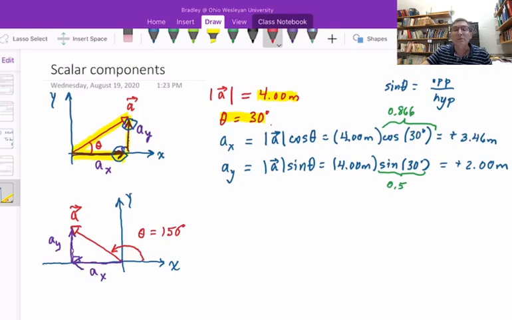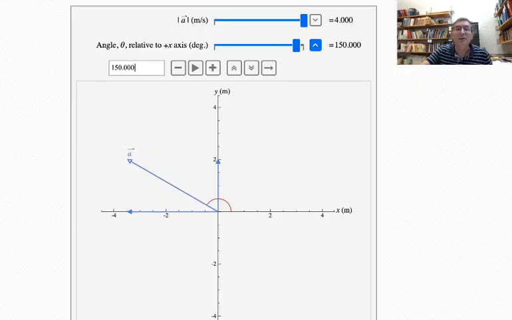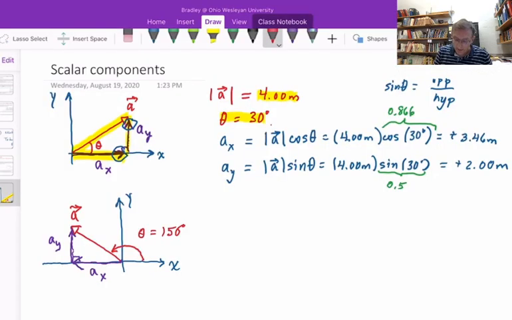Sorry, folks. Let me change this to 135. I want to use 135 for reasons I won't go into, but there, okay? All right. So, sorry, I want this angle to be 135. Okay, there, that's fine.